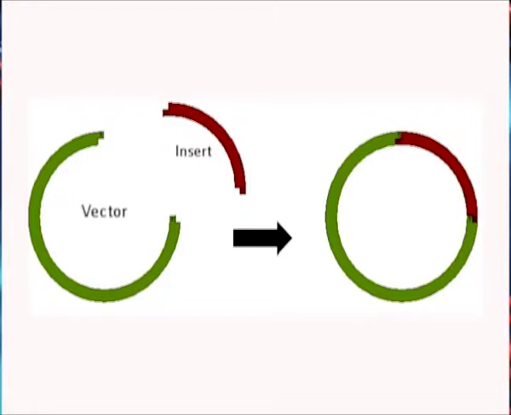The major step in recombinant technology includes the preparation of a large number of identical DNA molecules. These recombinant DNA molecules are composed of vector plus an inserted DNA fragment, which is introduced into host cells.